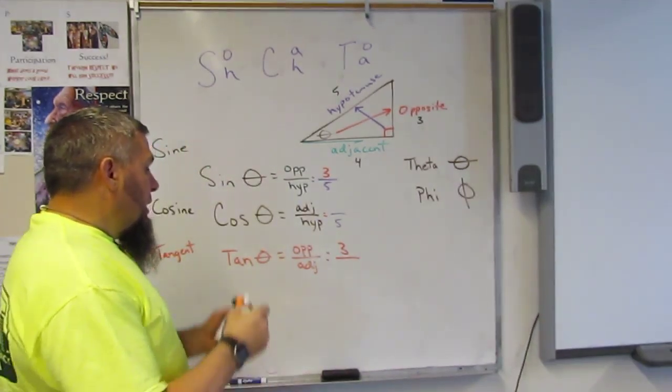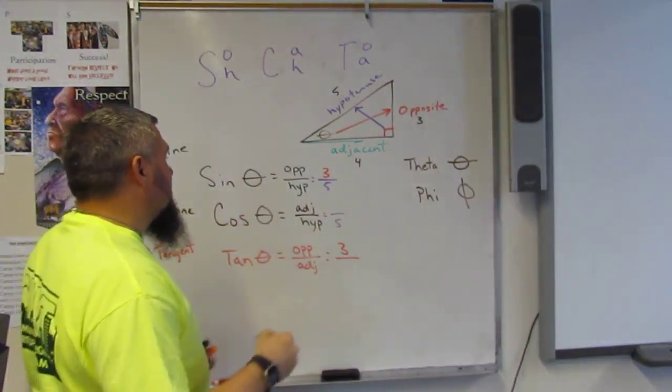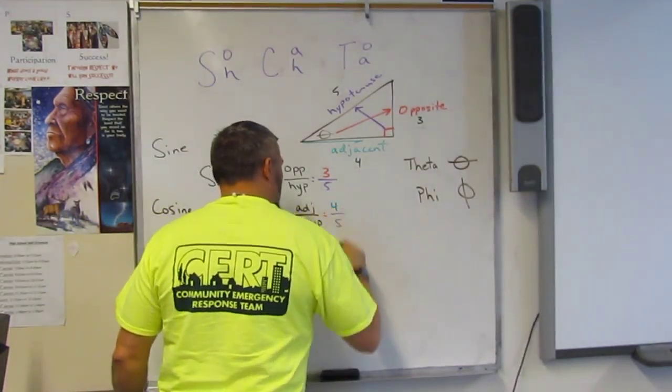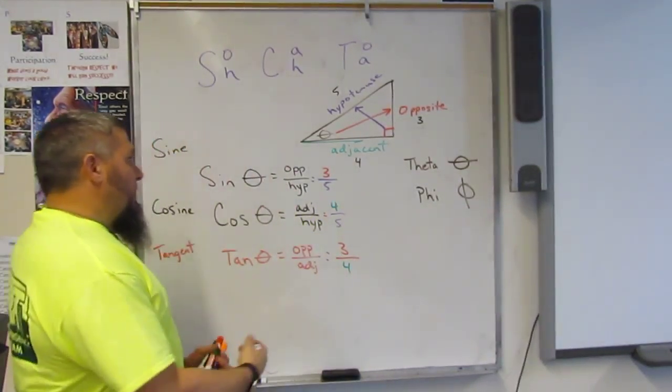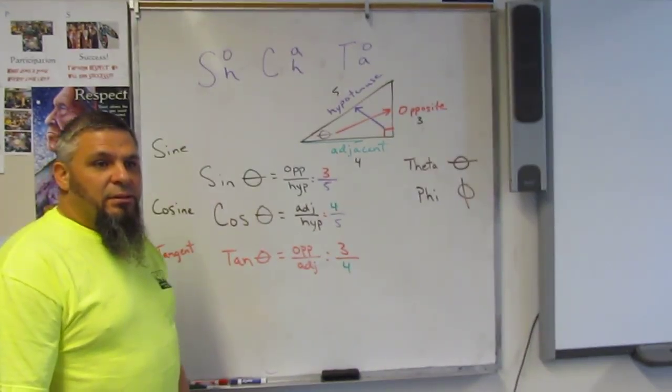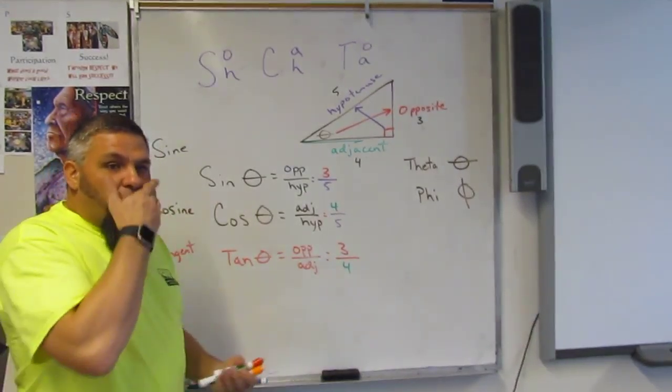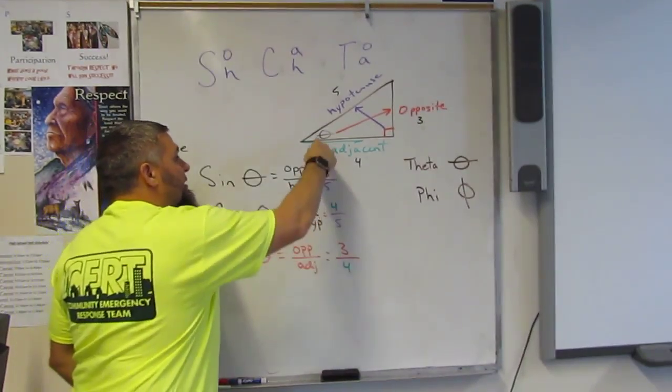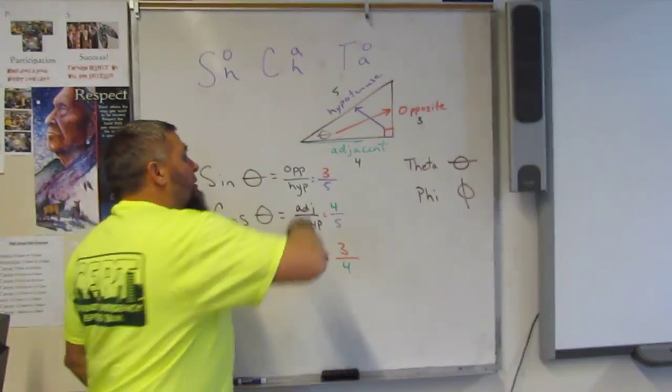And the adjacent, that's the 4. And that's Soh Cah Toa. It's that easy. Now, when I plug in a degree, it'll tell me the sides.